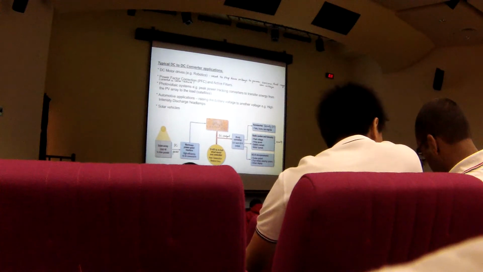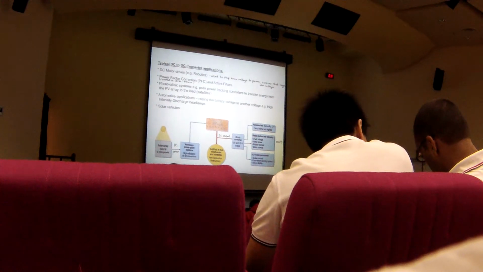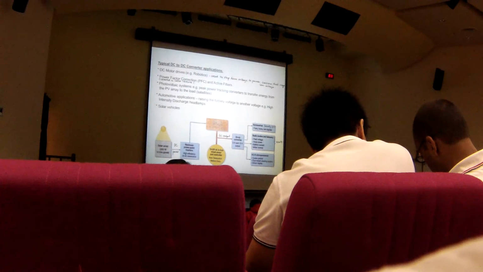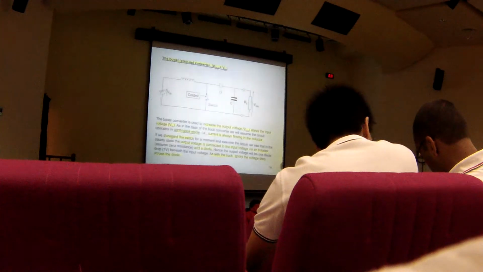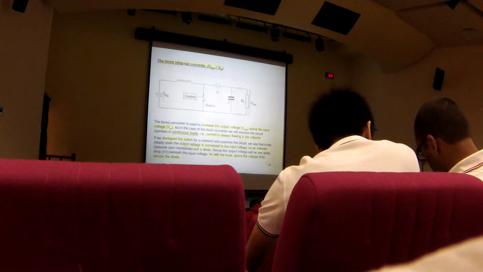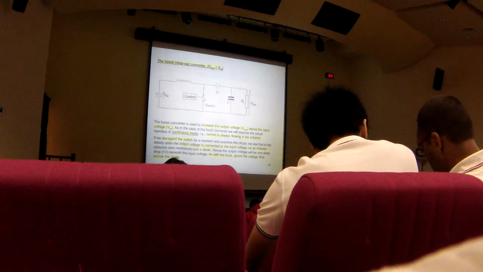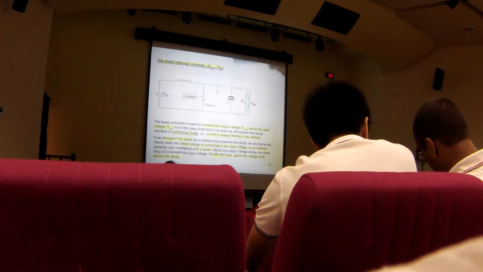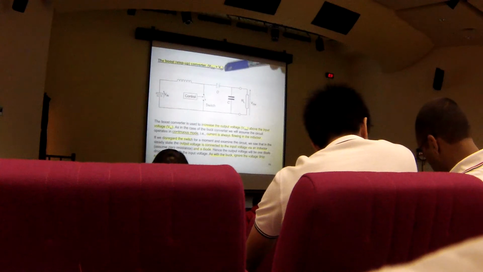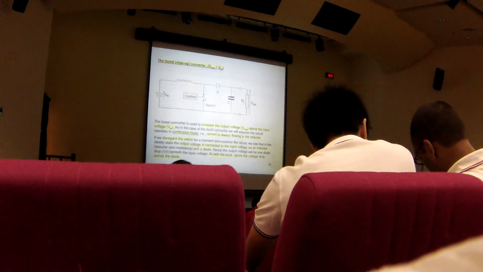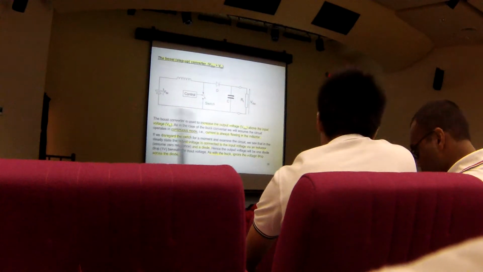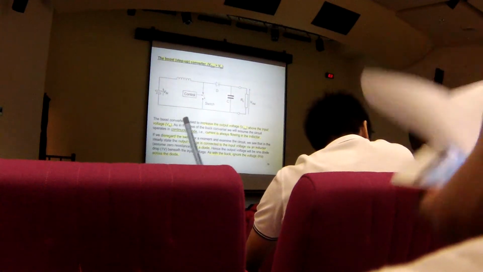Alright? So, previously we already covered a step-down converter. Now, we will talk about a step-up converter. Remember that we talked about a step-up, we say that the output voltage will be greater than the input voltage. Okay, I hope you guys can see that there's now a difference in the circuit arrangement.